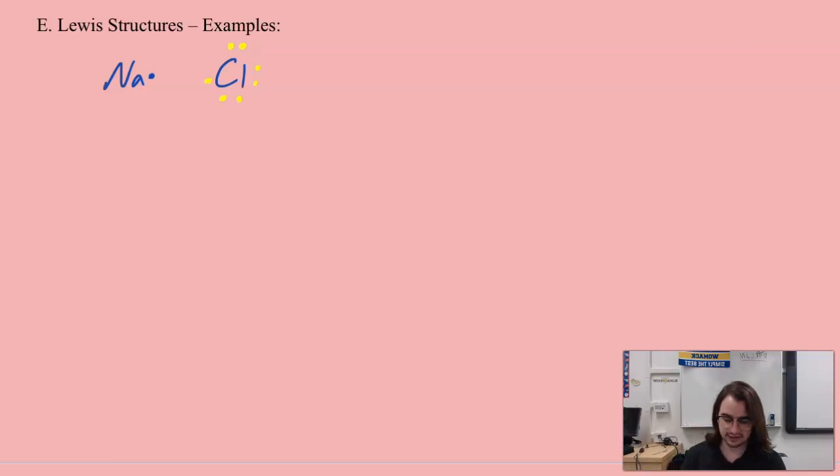That's chlorine's dots. What's happening here is that sodium is ready to donate an electron where chlorine is ready to accept. A great analogy is tug of war. Any sort of electron sharing is like a game of tug of war.